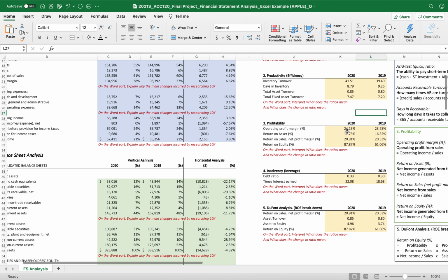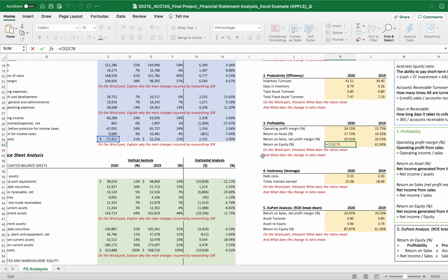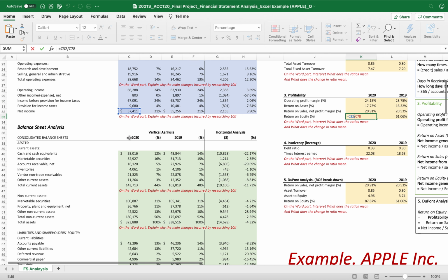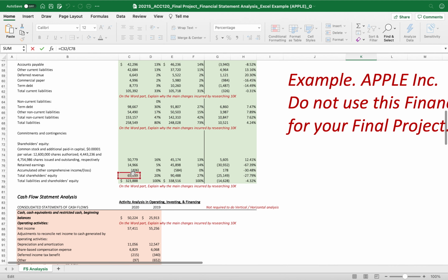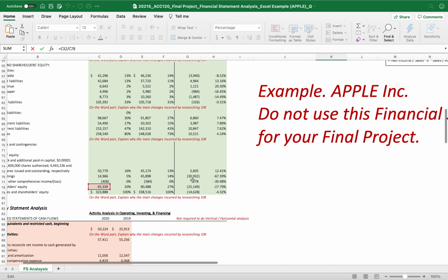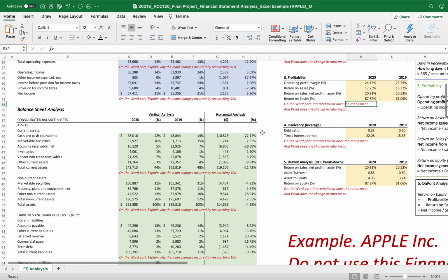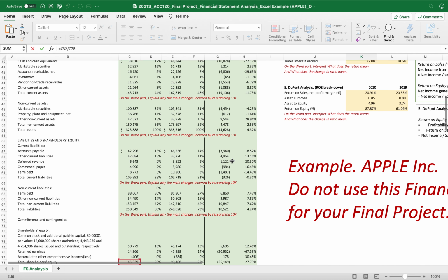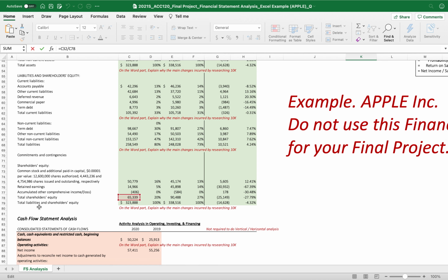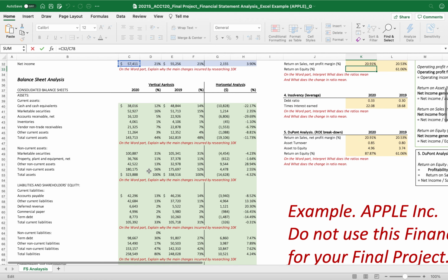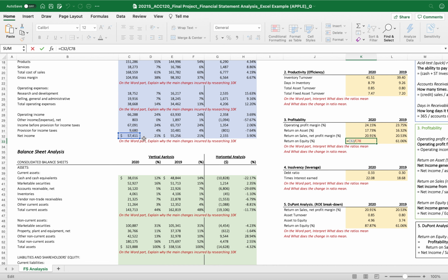And then in terms of profitability, as you can see, return on equity, when you calculate net income divided by total equity, we found it has been significantly improved. Why has it been significantly improved? You need to explain the why. It's not because net income has been significantly improved.